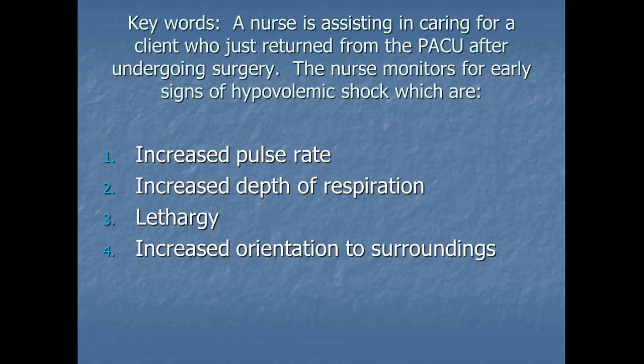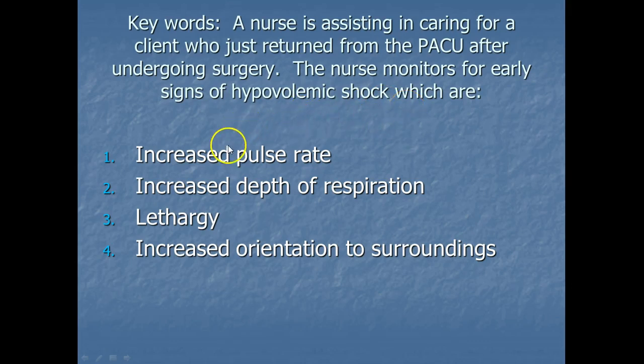This is an example of an assessment question. A nurse is assessing and caring for a patient who has just returned from PACU after undergoing surgery. The priority key words are: the nurse monitors for early signs of hypovolemic shock. There are many signs of hypovolemic shock, but what is the earliest sign?